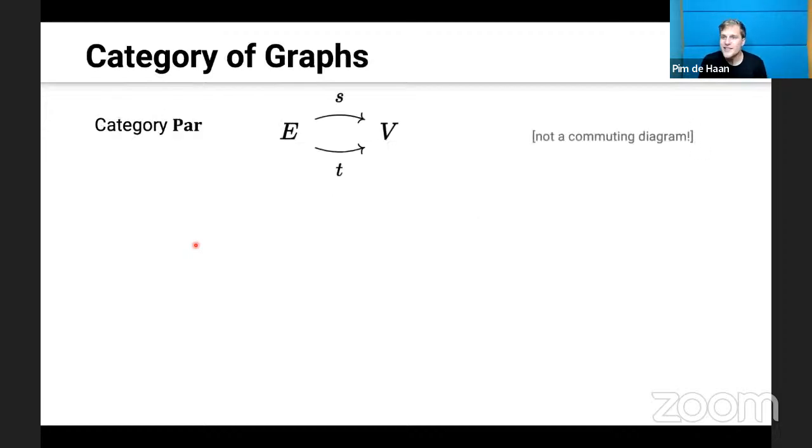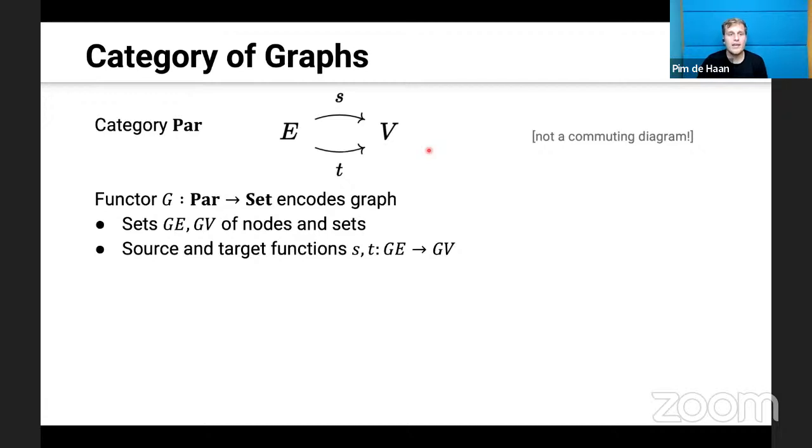A very interesting example thereof is the category of graphs. So we can construct this category. It just has two objects, two identity morphisms, and two morphisms from the object E to the object V. Notice this is not a commuting diagram, it's just a presentation of the category. Now if we think of functors from this category to the category of sets, what does it contain?